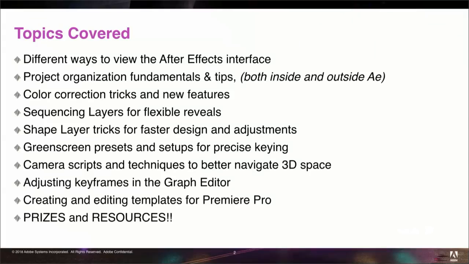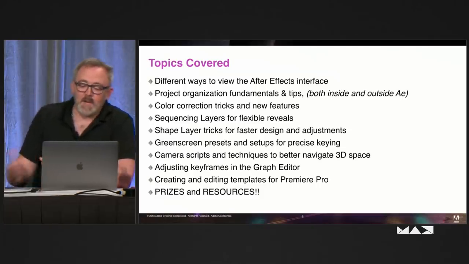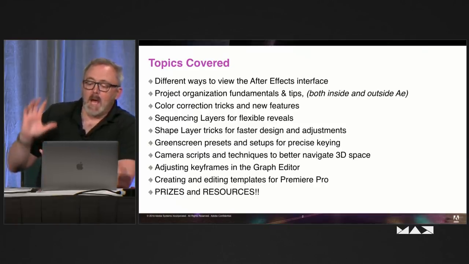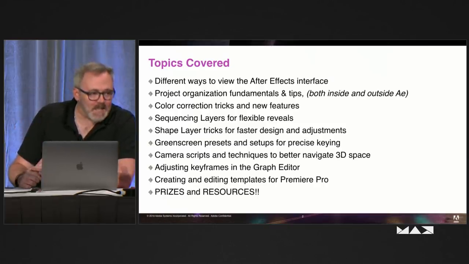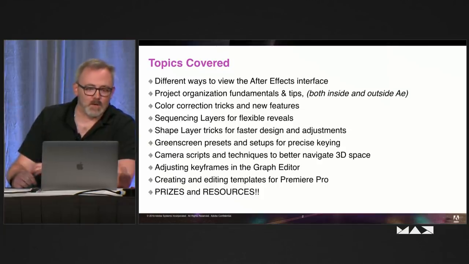All right, and so we're going to cover a couple different topics inside this session. So we'll cover some more than this, but these are the essentials. We're gonna talk about different ways to view the After Effects interface. We'll talk about project organization, fundamentals and tips, both managing projects inside After Effects and outside of After Effects, and you'll know what that means here in a little bit.